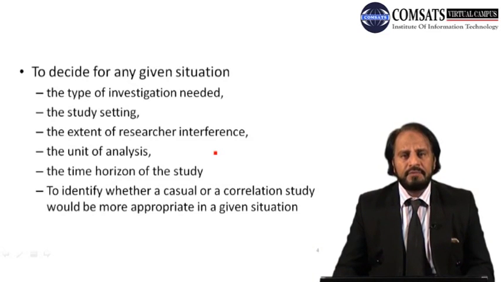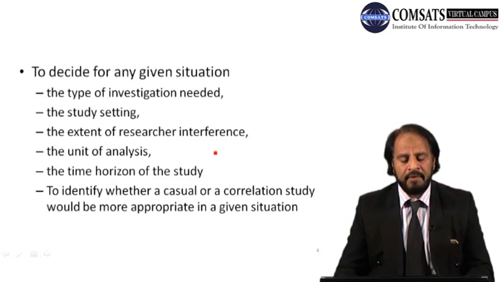Some of the issues we need to discuss in our research design are that we need to decide what is the type of investigation we are going to conduct. What will be the study settings? What will be the extent of researchers' interference? What kind of unit of analysis will be used in this research?